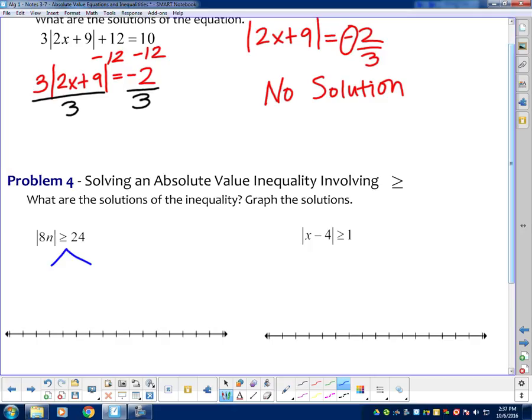Nothing changes. On the second one, again, whatever's in absolute value doesn't change. My inequality is going to flip, so I'm now less than, and 24 becomes negative 24.